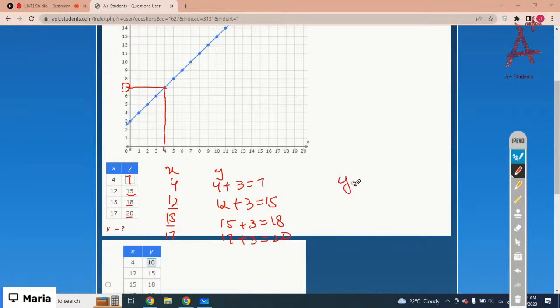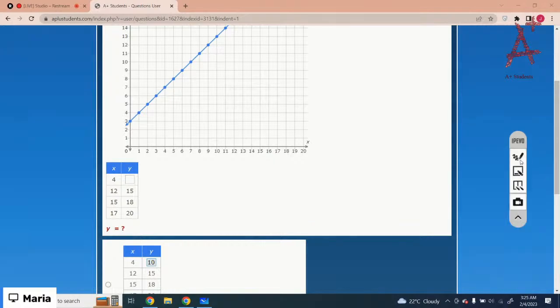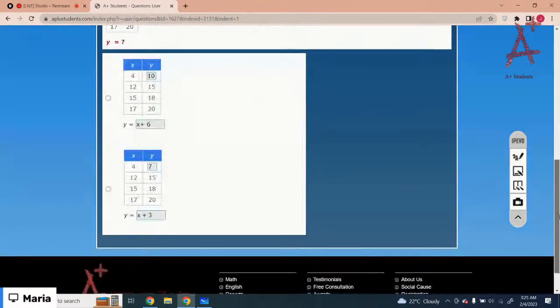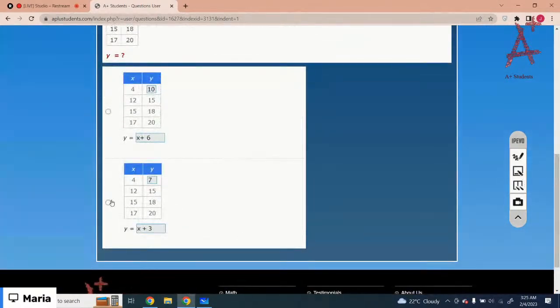It would be y equals x plus 3. Got it? So second option is the correct one. Got it? That is y equals x plus 3.